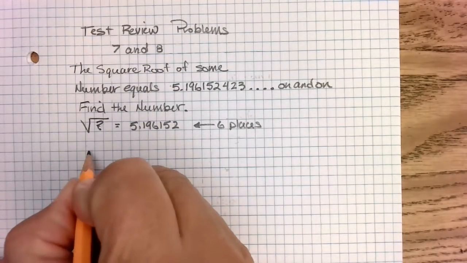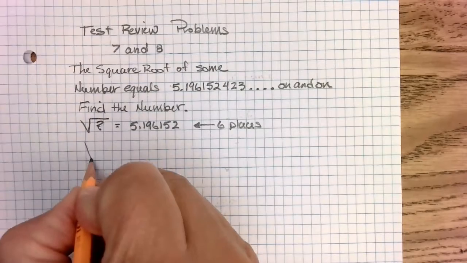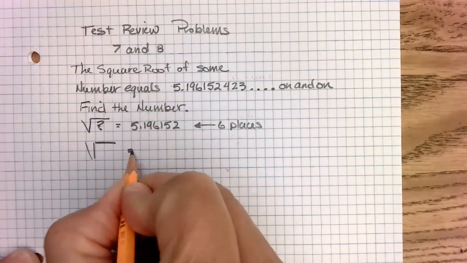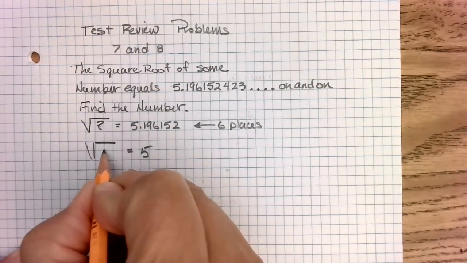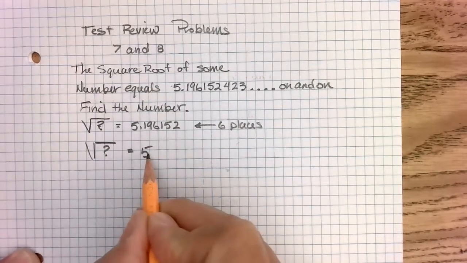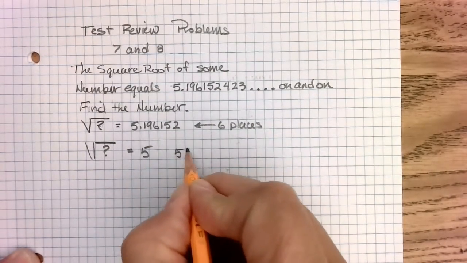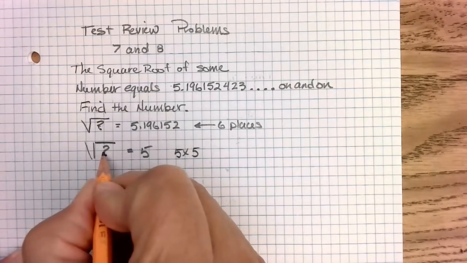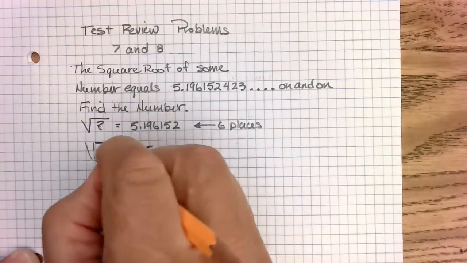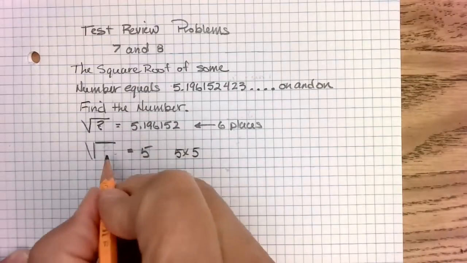We're going to do a couple of these that I know you know how to do. If I have some number that I take the square root of and I get 5, most of you know if I go 5 times 5, the number inside there is 25.